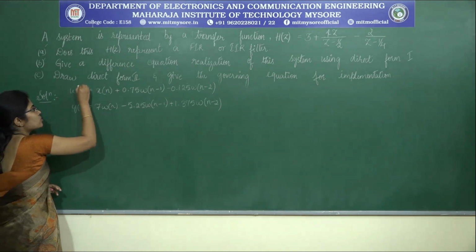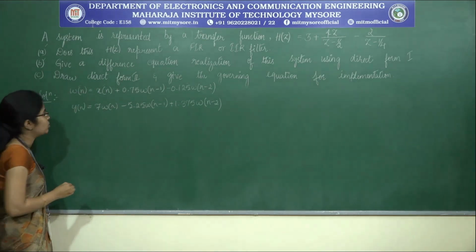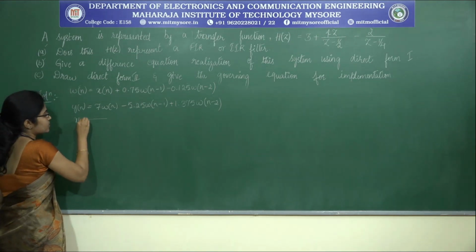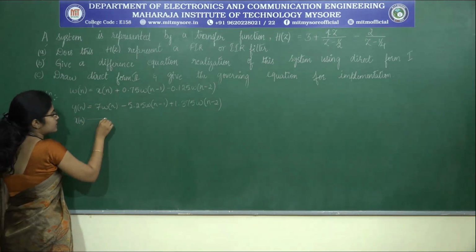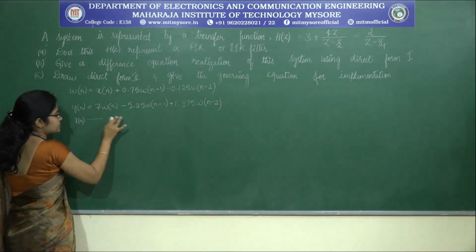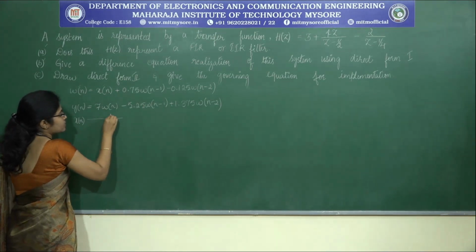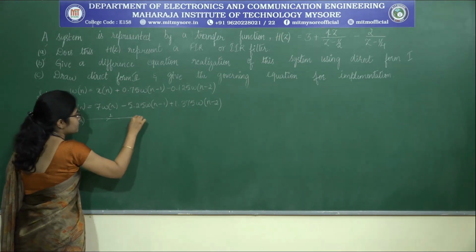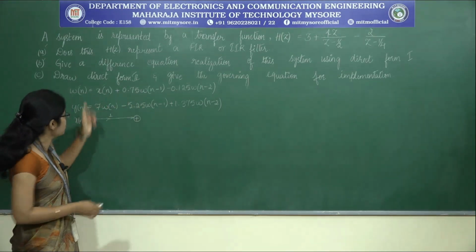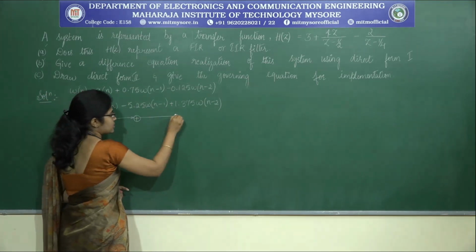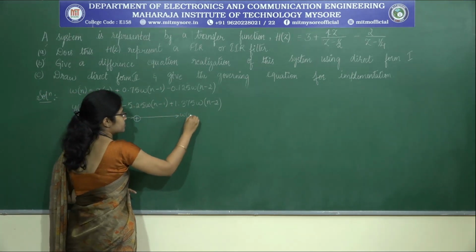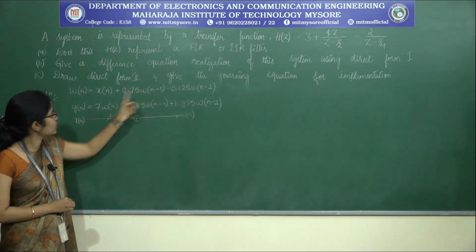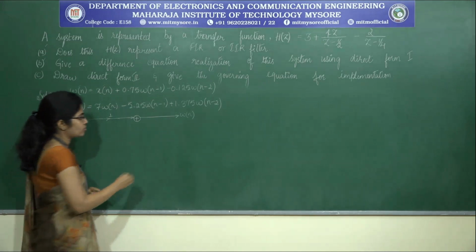Here the input is x of n and the output is w of n. So, take x of n. Okay. X of n is multiplied with 1, give it to an adder. Then if I add all this, the output what I am getting is w of n. Okay. Moving on to the second term, w of n minus 1 is nothing but the delayed version of w of n.